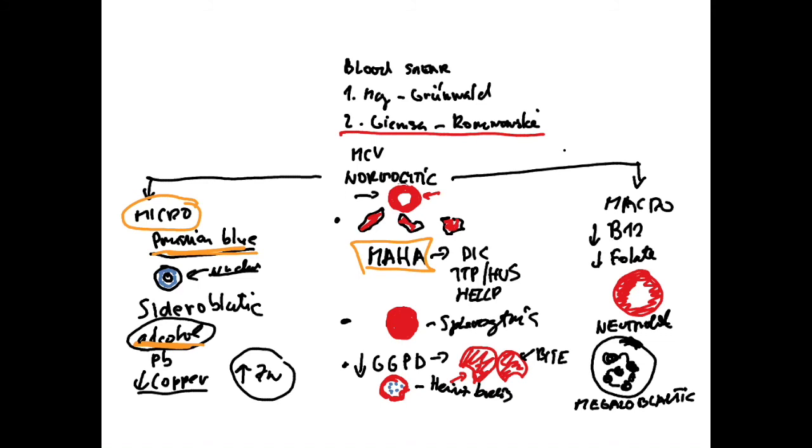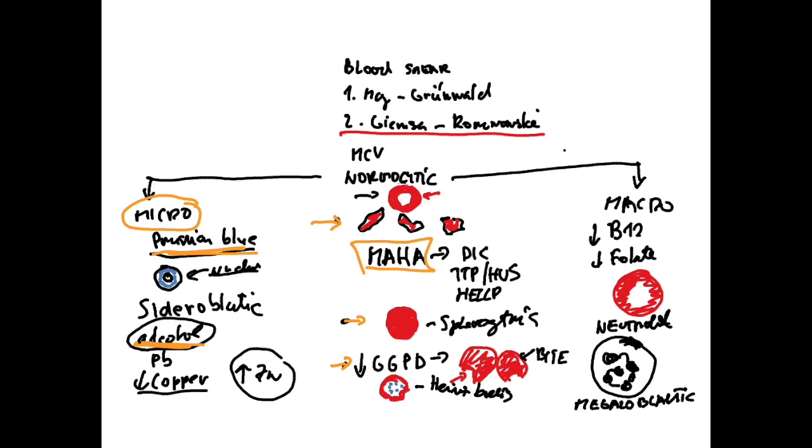Then you can check if you see nice, fully red spheric erythrocytes. It's very likely spherocytosis. You can test it with osmotic tests, test on osmolarity, since they're very fragile. And then the last one out of these is G6PD deficiency, and typically you can see these nice bite cells, like bitten like this.